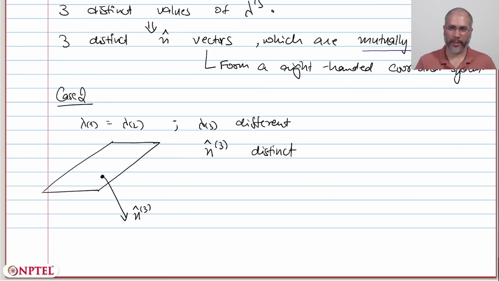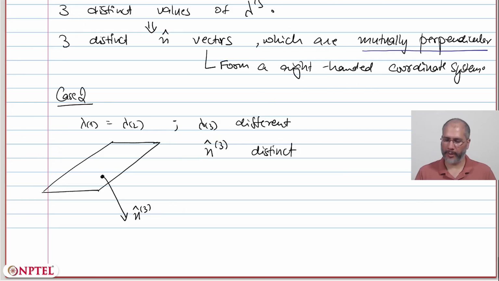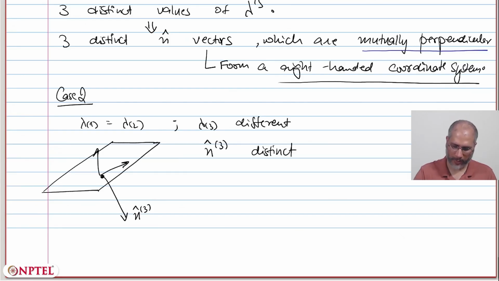Since we will be interested later, as we'll see in the next lecture, to form this right-handed coordinate system using the three n hats, we will take any two mutually perpendicular vectors in this plane to form this right-handed coordinate system using the three eigen directions. We'll choose some vectors n1 hat and n2 hat. So this n1 hat, n2 hat and n3 hat form a right-handed coordinate system.